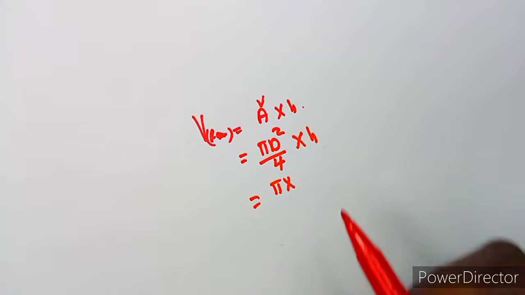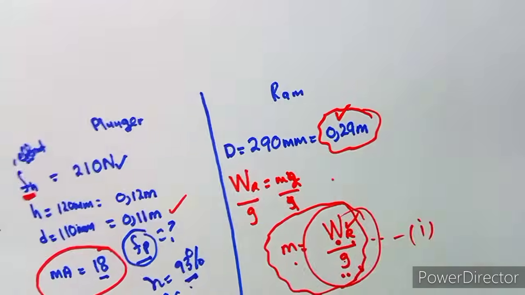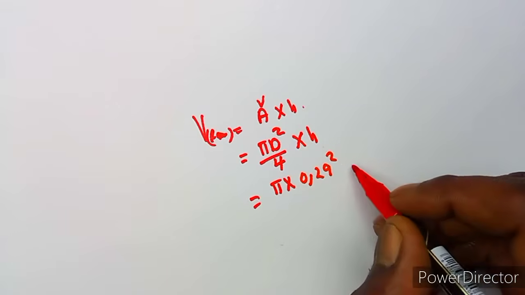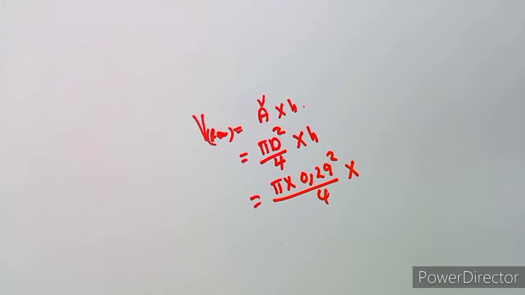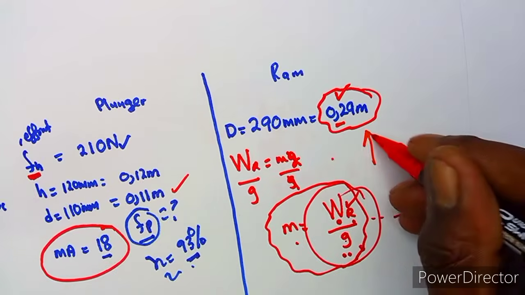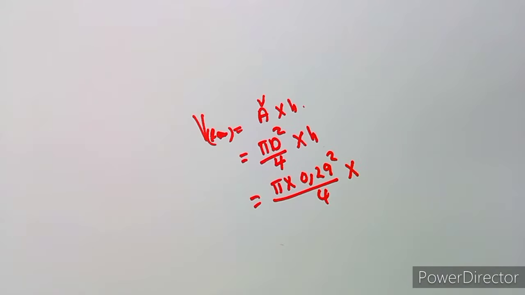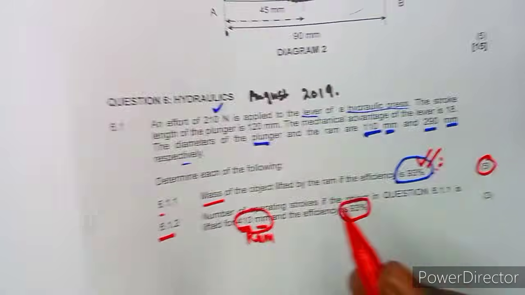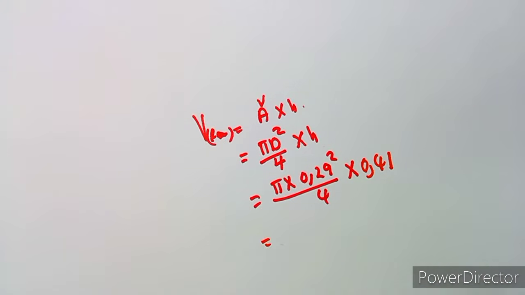Remember, guys, from the information that we had, we had a diameter of 0.29, so this is pi times 0.29 squared over 4, times the height, because it was lifted up. That is the height for the ram, lifted by 410 millimeters, which is 0.41 meters.